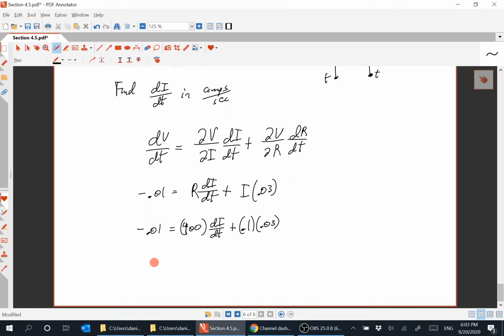So we have minus 0.01 minus 0.003, over 400, is equal to dI dt.